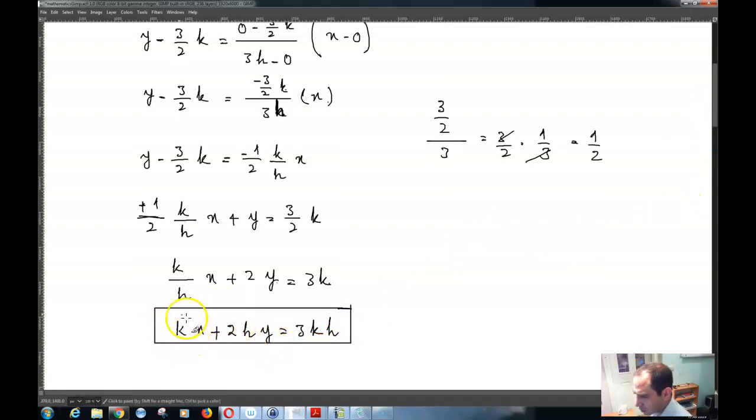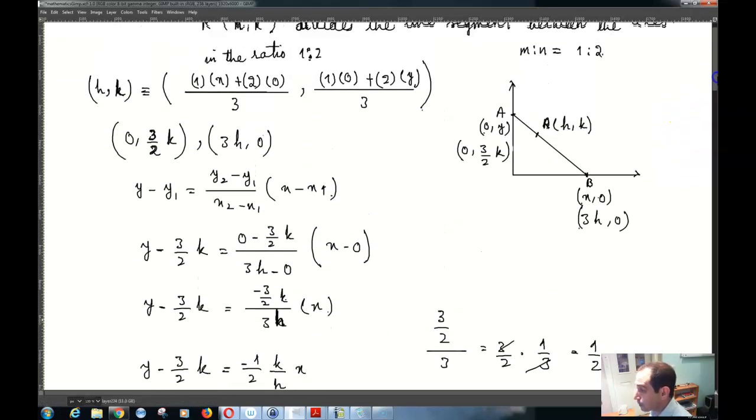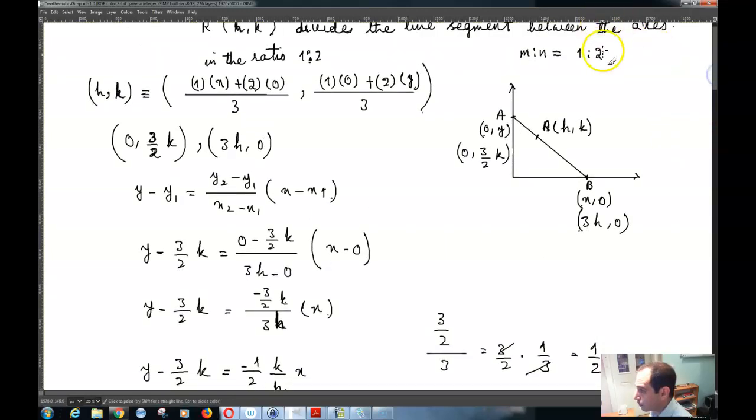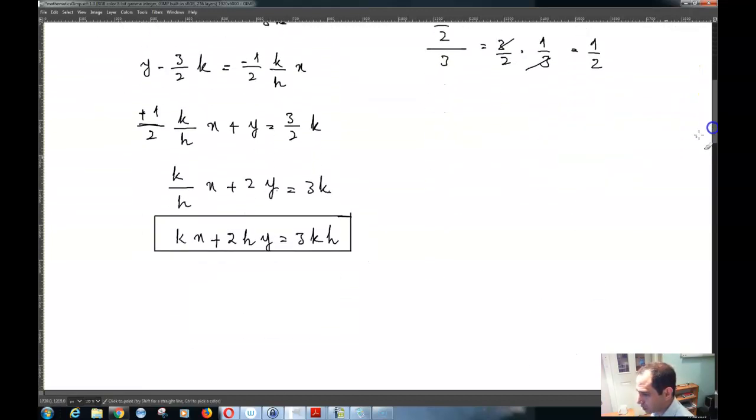But this must have something to do with depending on whether you take this distance as 1 and this distance as 2, or you take the point down here, for example, and that would become 1 and this becomes 2, then you would get another equation, which would be 2 times kx plus hy is equal to 3 times kh.